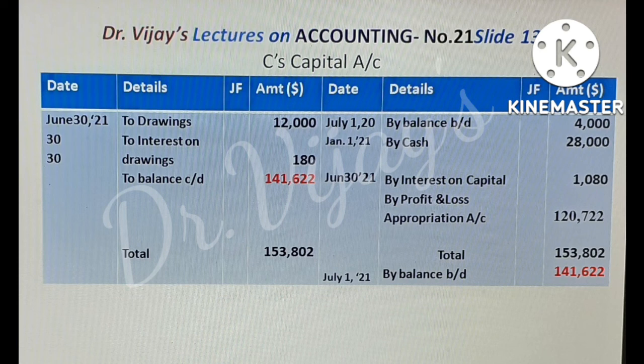Interest on capital is 1,080: for the opening balance 4,000 for the whole year, and for 28,000 which was introduced on January 1 for 6 months. Now on the debit side, drawings 12,000 and interest on drawings 180. Closing balance of C's capital is 1,14,622. That is to be brought down, and that will appear in the balance sheet liability side.